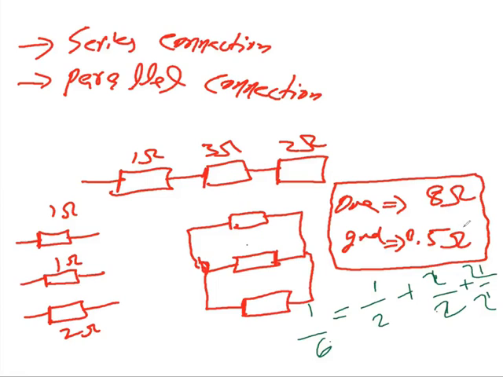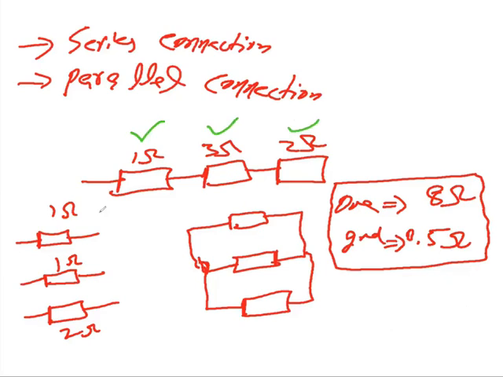Okay. So we make a series connection if my requirement is greater than the greatest resistance. So which resistor has the greatest value? 3 ohm.